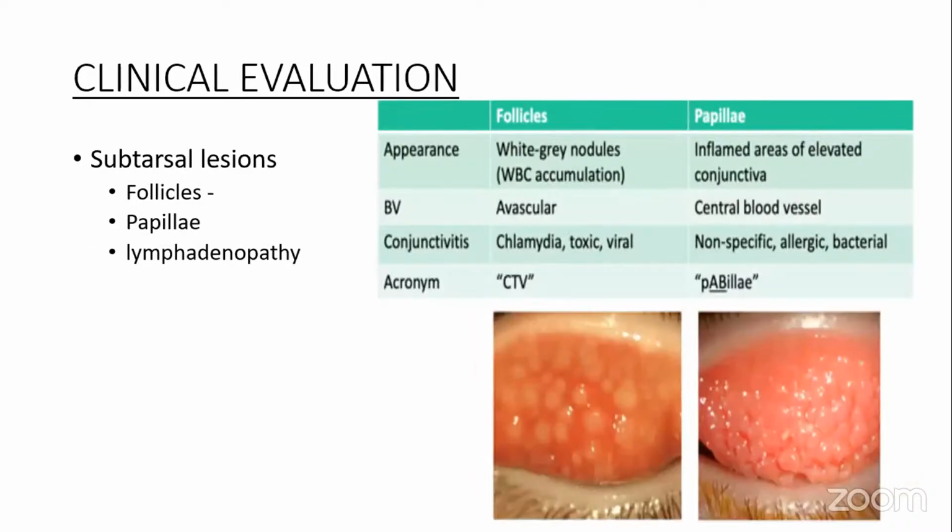Then we would examine the parts of the eye, right from the eyelid to the back of the eye. So at the eyelid, sometimes we'll see these large nodules, okay? These are called follicles or papillae. When there are follicles, it's typically from the viral conjunctivitis. And then when there are papillae, it is from the bacterial conjunctivitis.